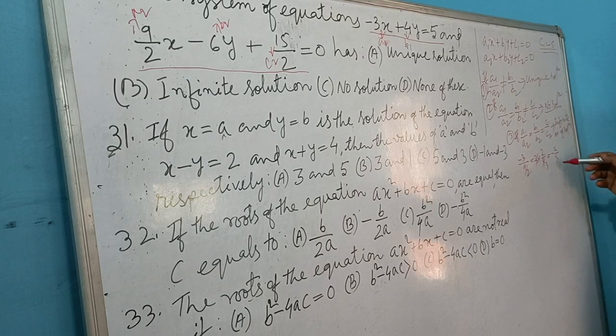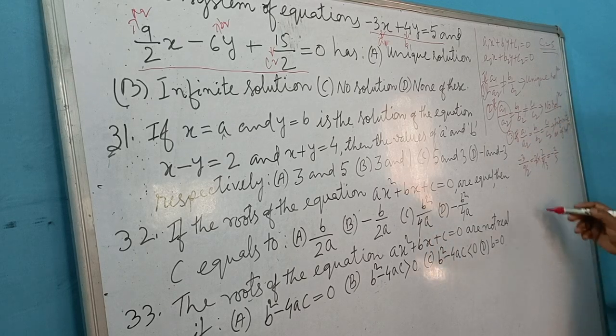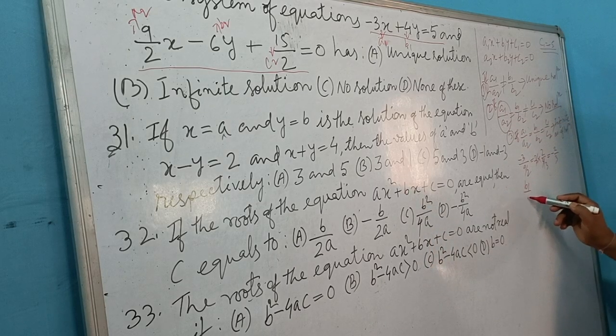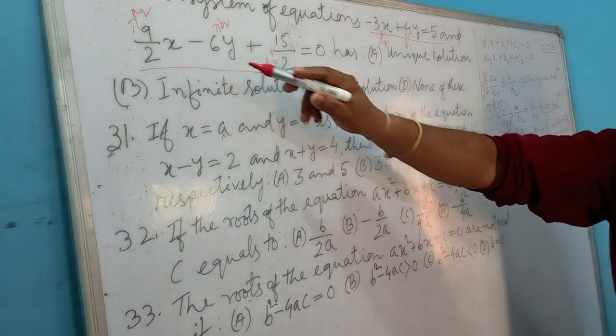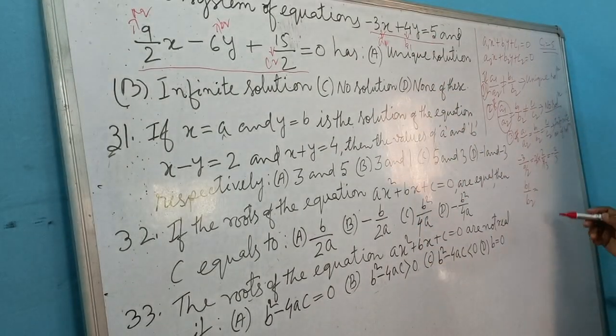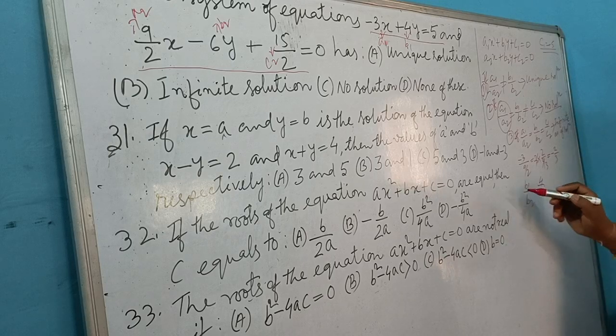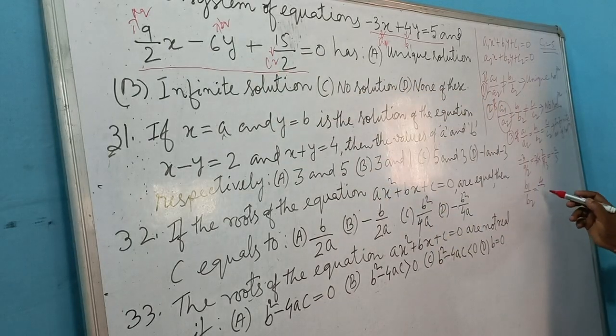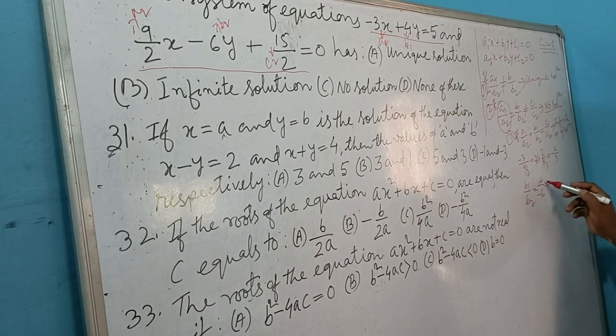The ratio is minus 2/3. Now b1/b2: b1 is 4 and b2 is minus 6. So that is also minus 2/3, the ratio is same.